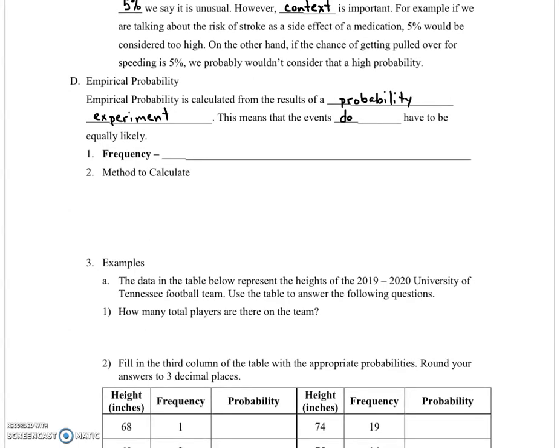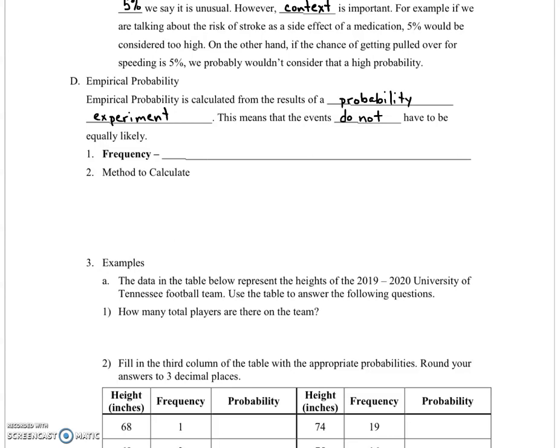One thing about probability experiments is that the events do not have to be equally likely. So the probability of thing A happening could be 60%, and the probability of thing B happening could be 40%. Those probabilities are not the same, meaning they are not equally likely.